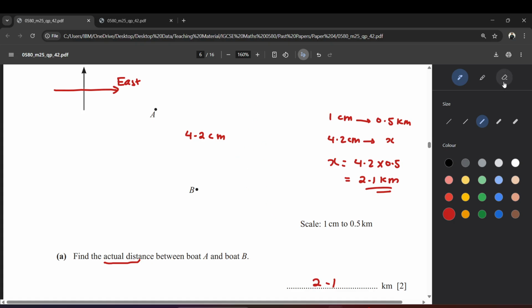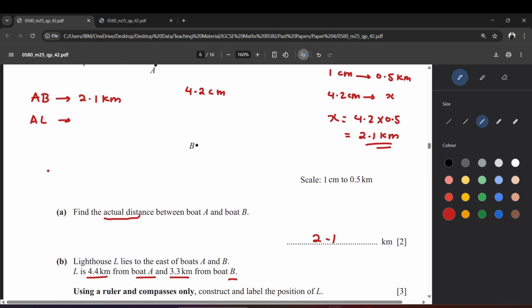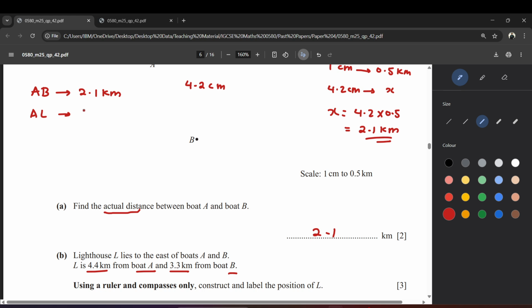Now this type of question, let us first write down what dimensions we have. We know that AB is 2.1 kilometers. We know that AL, the distance between A and the lighthouse, is 4.4 kilometers. And the distance between B and L is 3.3 kilometers.